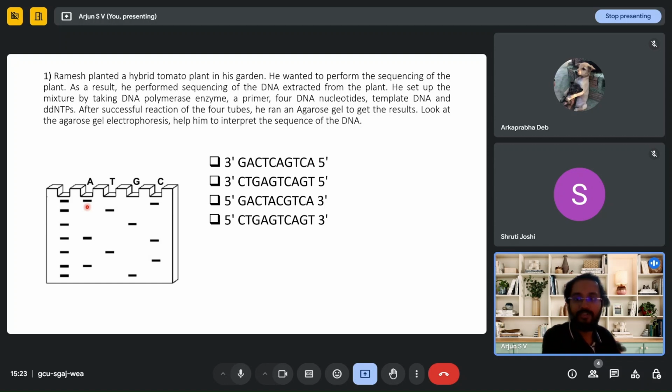Now it's 3:23, so let's just say at 3:27 we'll start solving the problem. You guys can figure out how to do it, keeping these 2 points in mind. So the further the molecular weight, the more 3 prime in nature.